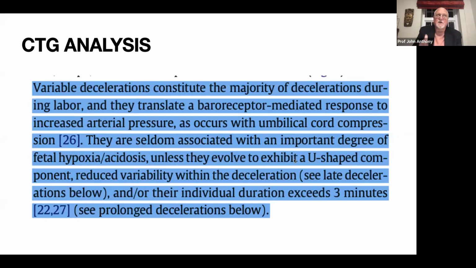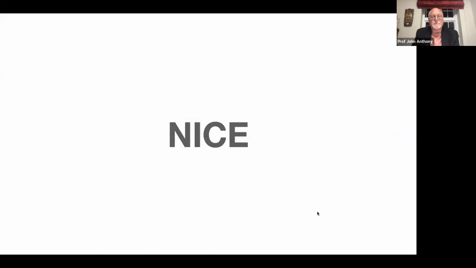So if they change, if they become more U-shaped, if there's a prolonged onset, prolonged recovery, if there's loss of variability within the deceleration, or if their individual duration exceeds 3 minutes. There you go. Threshold and time all come into this. If it exceeds 3 minutes, these are not simple, uncomplicated variable decelerations. These are variable decelerations that are showing signs of transforming into late decelerations.